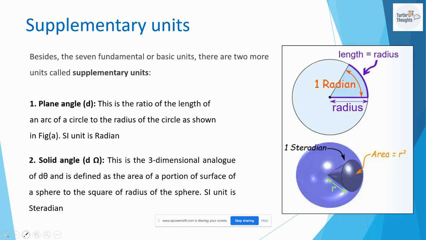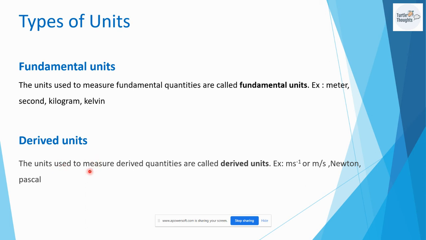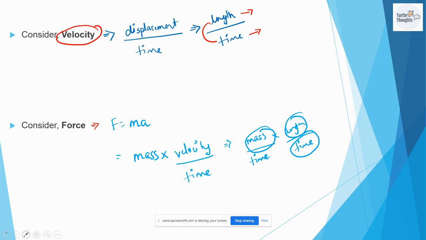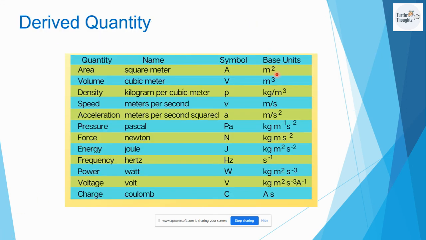Coming to derived units, the units used to measure derived quantities are called derived units. What are the examples for these? The examples are meter square, meter cube, kg per meter cube, meter per second square.